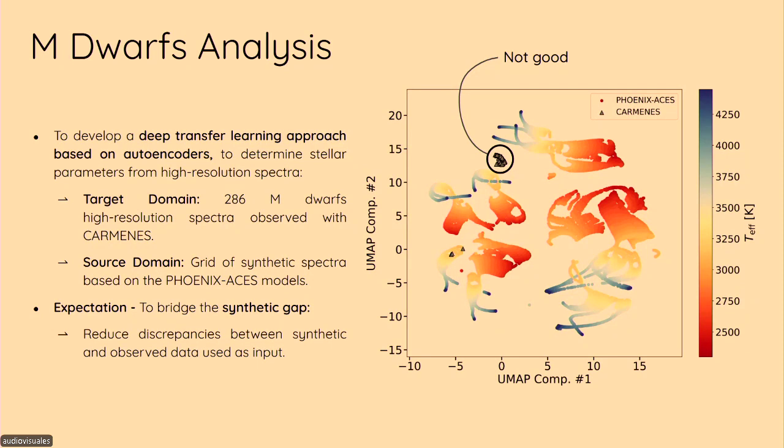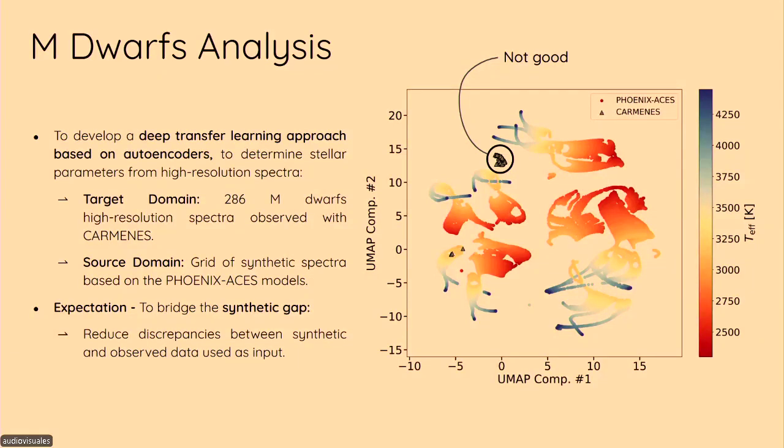For this we have a target domain, which is a sample of 286 high-resolution spectra from CARMENES of M dwarfs, and a source domain, which is a data-rich grid of synthetic spectra based on the PHOENIX-ACES models. The expectation with this work is to bridge the synthetic gap, that is, to reduce the differences between the synthetic and the observed data that we use as input for the stellar parameter determination.